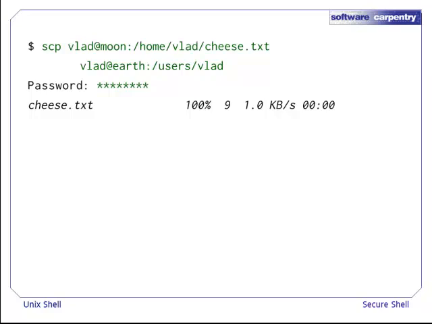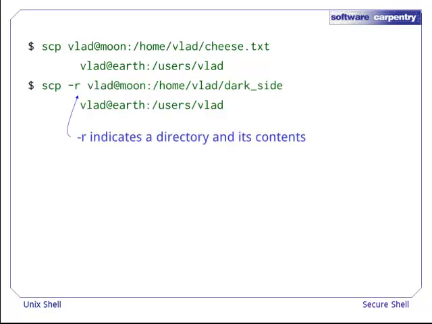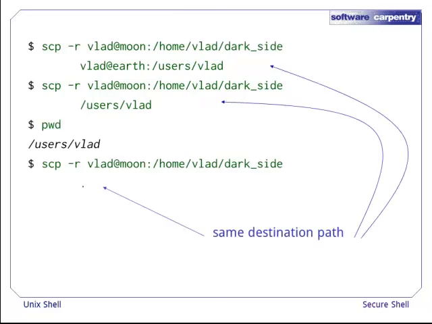Secure Copy may also give us feedback on the progress of our transfer. Copying a folder is similar to using the copy command CP in that the -R option indicates we are copying a directory and its contents. If either the source or destination is the current computer, we can omit the user@computer part.